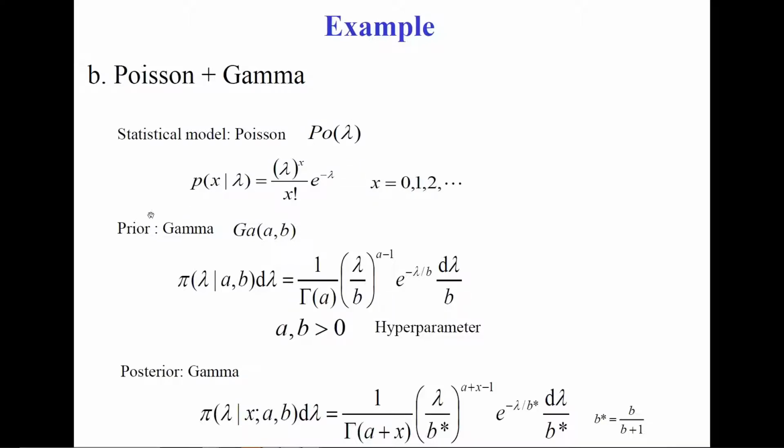Its probability function is given by this form: lambda to the power x over x factorial, times e to the minus lambda. This is a normalizing constant. And x ranges over non-negative integers. For example, x is a number of car accidents.